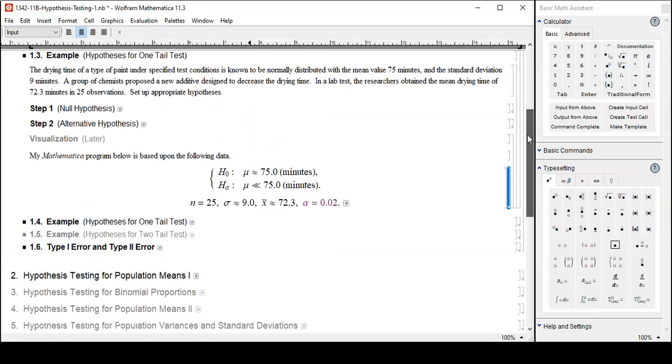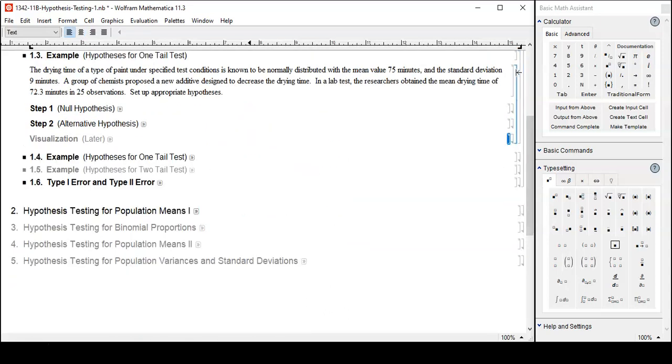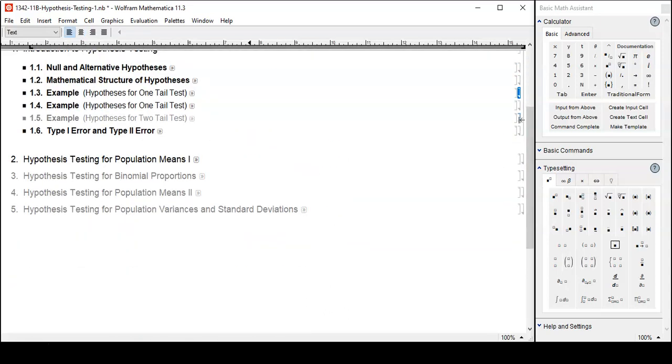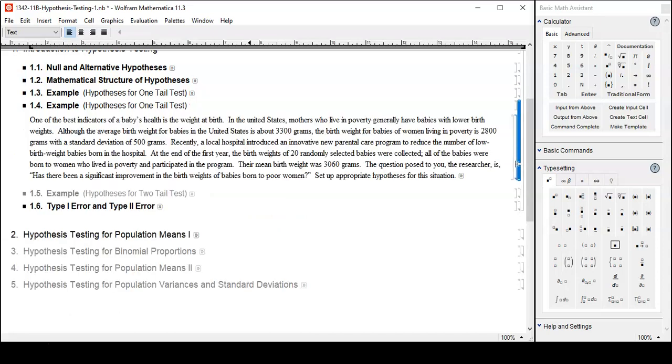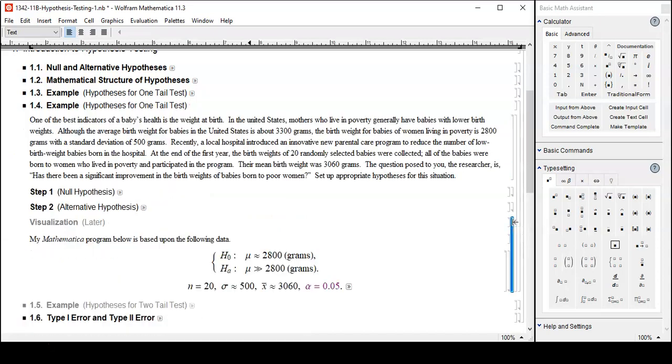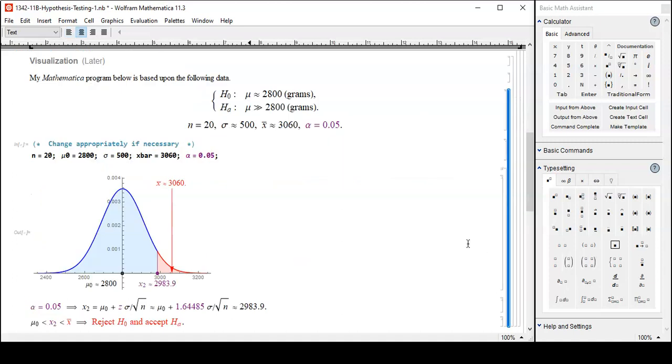Let's go to that baby problem. Here I use 5%, and there's a 5% chance that I end up with a sample mean of 2,984 or higher, assuming the null is right.